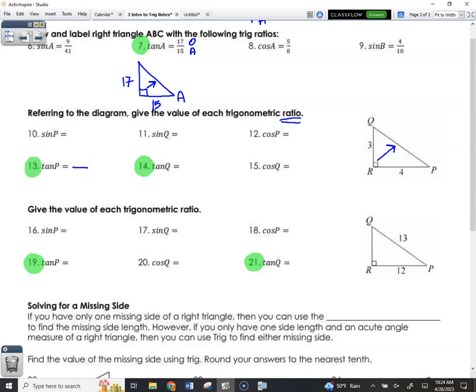Tan of angle P would be what fraction? 3/4. Does everybody agree? Opposite of P is 3. Adjacent to P is 4, so that's correct. What would the trig ratio be for tan of angle Q? 4/3.